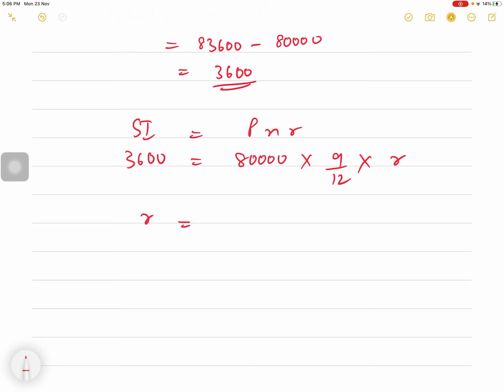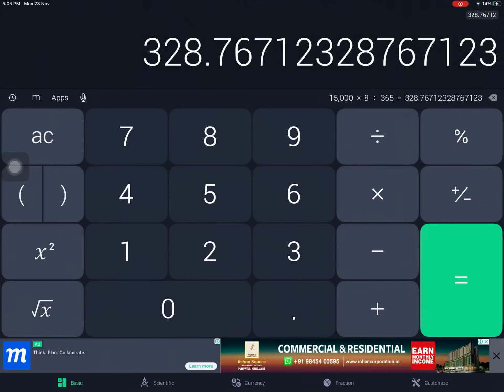So R is equal to 3,600 into 12 divided by 80,000 into 9. Okay. So 36 into 12 divided by 800 divided by 9.